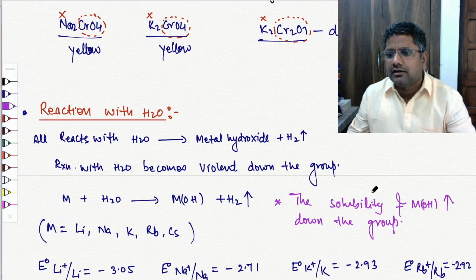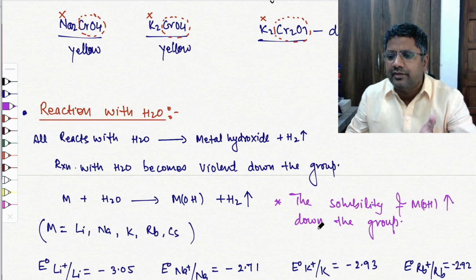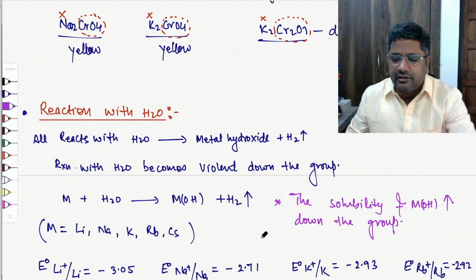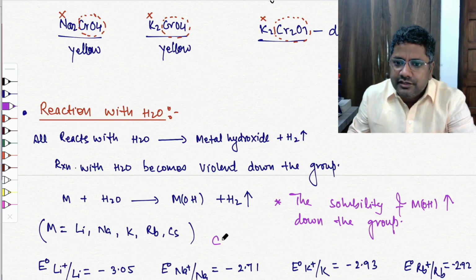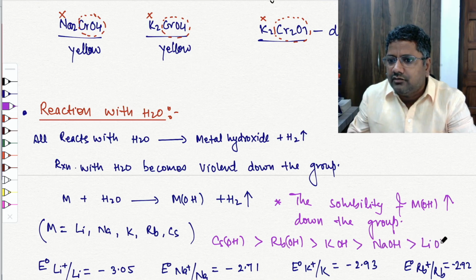and all are very strong bases, and they are said to be alkali because all are water soluble, right? So CsOH is the most soluble, then RbOH, then KOH, then NaOH, and then LiOH.